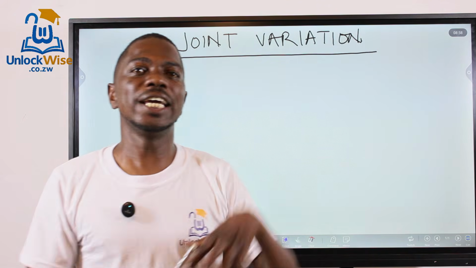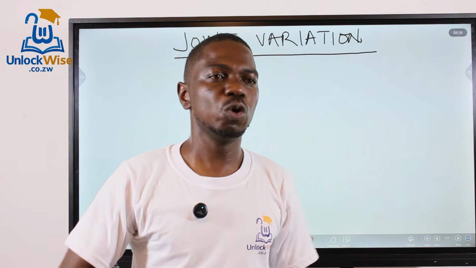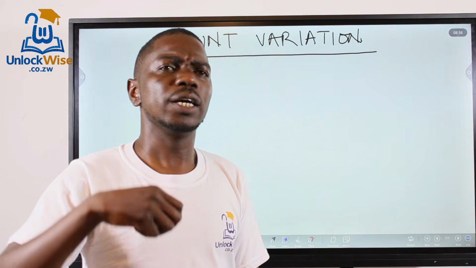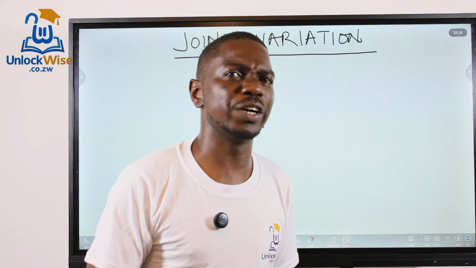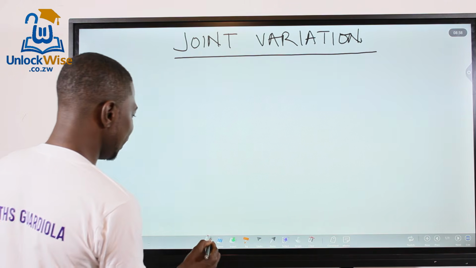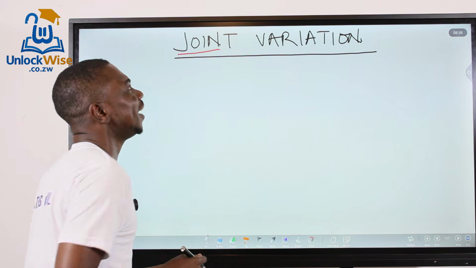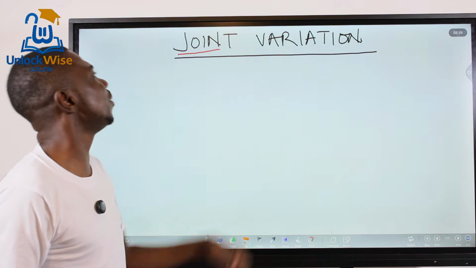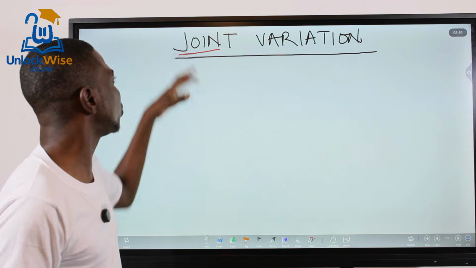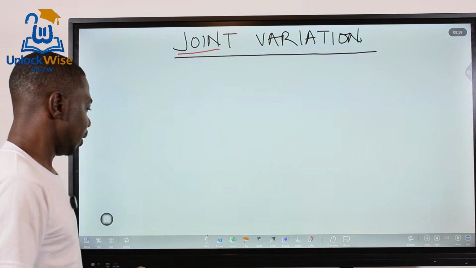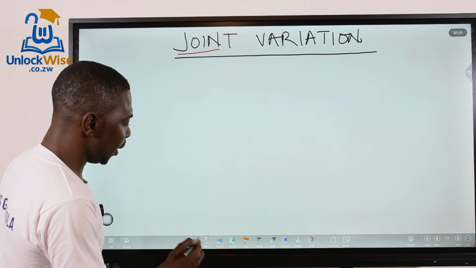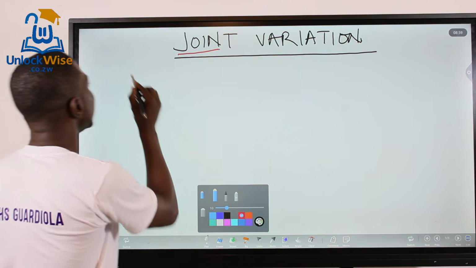Direct variation and inverse variation, that's two. Or we can have inverse variation and inverse variation. I even think that the joining part is consistent with the name because it's joined. We are joining some variation. So let me dive into an example.